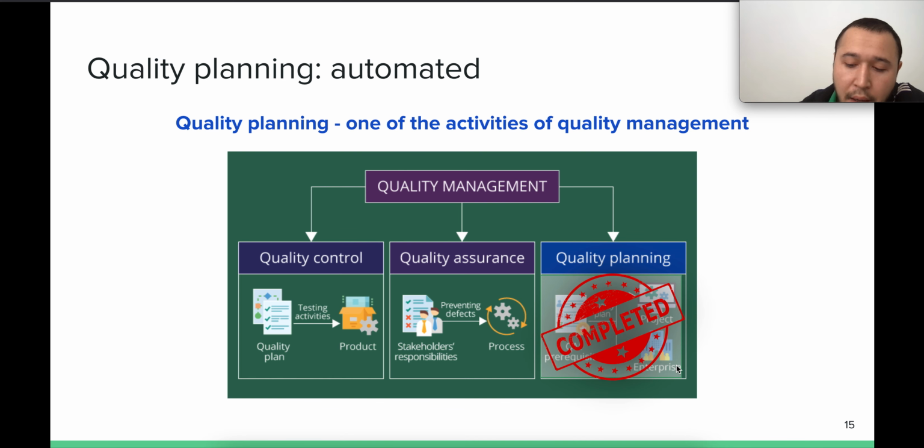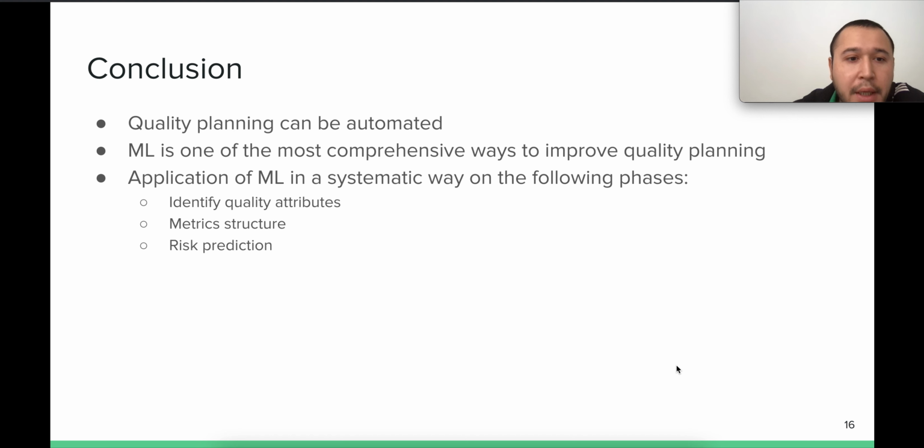So as a conclusion, we talked about quality management, quality attributes, and quality planning overall. We talked about how quality planning can be automated, right? We justified this automation by several factors, and this automation, of course, is going to bring a lot of improvements to quality planning overall.